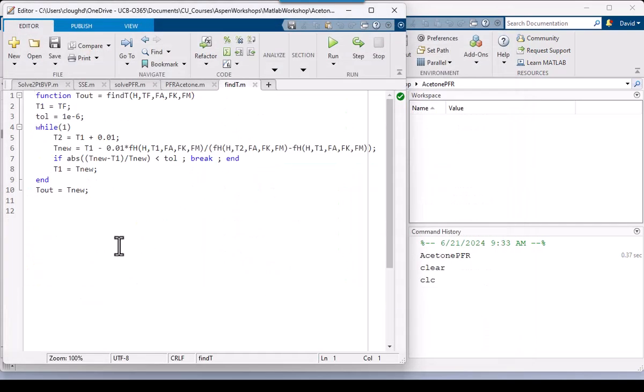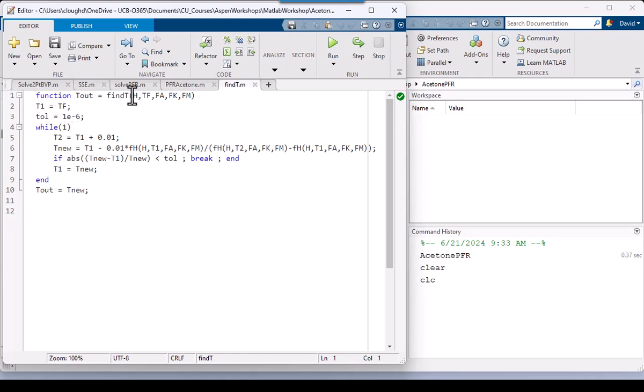What we see here is a typical while one loop to implement the modified secant method, the variation from Newton's method, where we come in with an initial estimate of temperature.